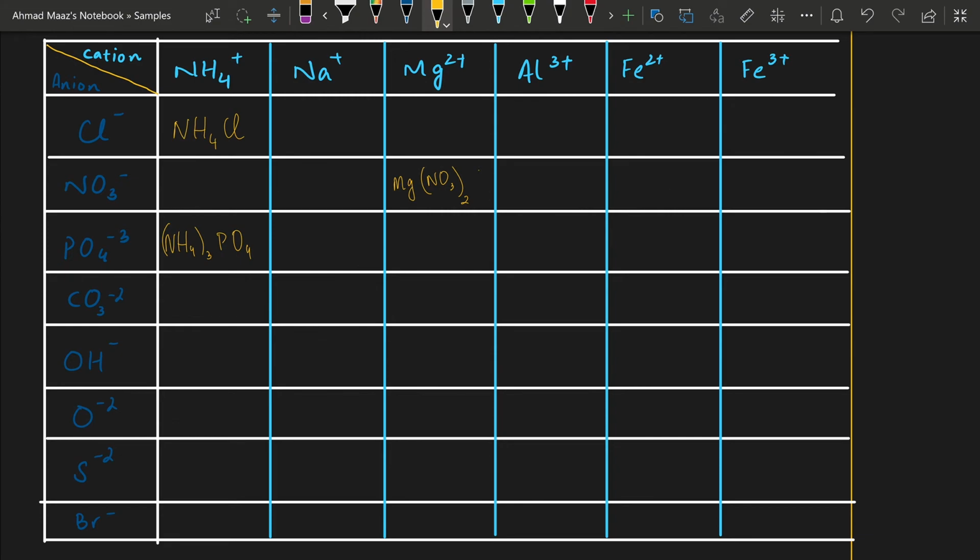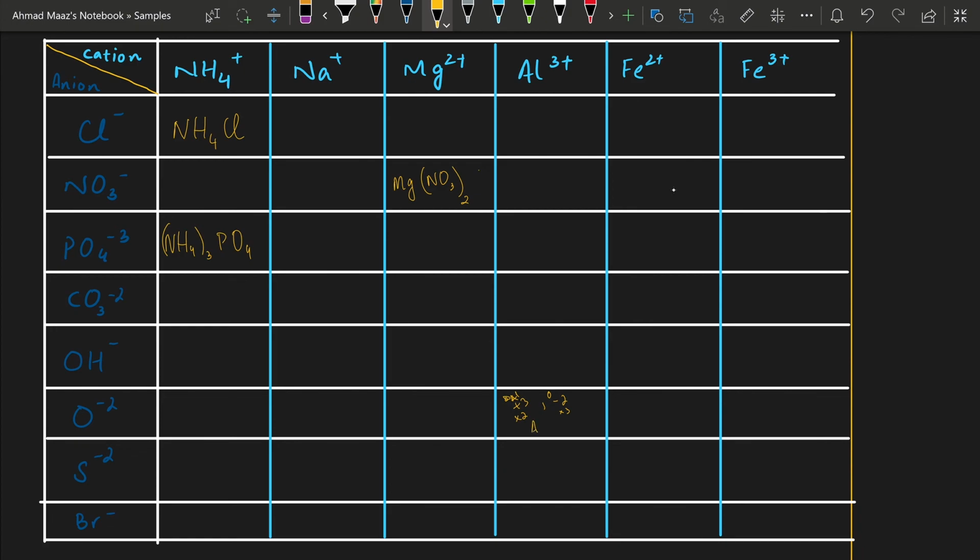Let's see another one, aluminum oxide. Aluminum has a charge of plus 3 and oxide has a charge of minus 2. If we want to balance it, then there must be 2 aluminums and 3 oxide ions.